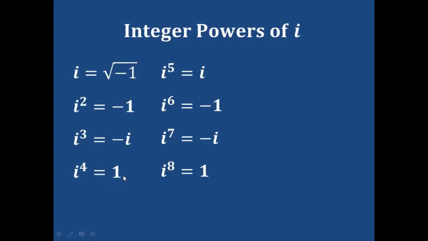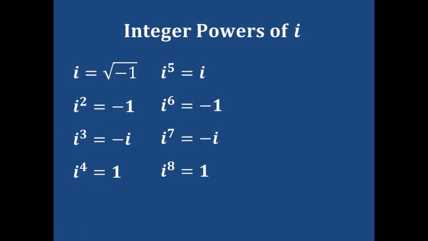And that is the same as multiplying just 1 by i, and 1 times anything is itself. So we get just i for i to the power 5. This puts us back to where we started. So i to the power 5 is actually equal to the original imaginary constant number.